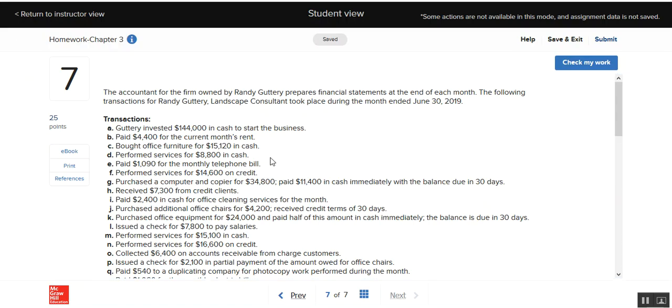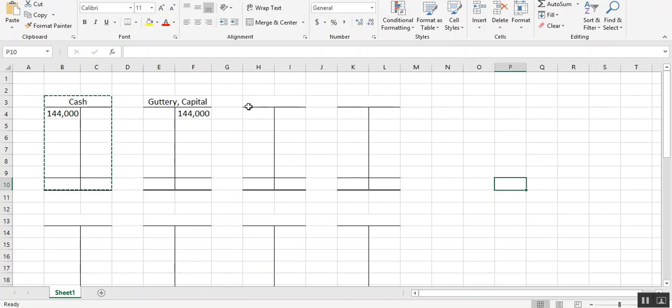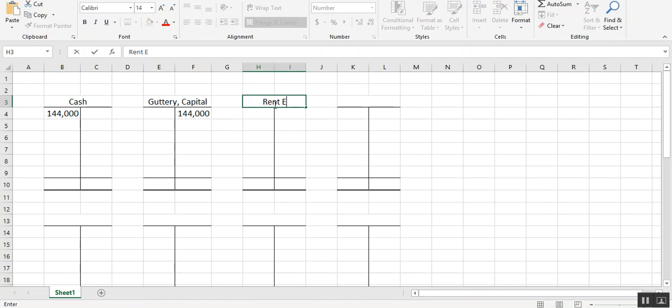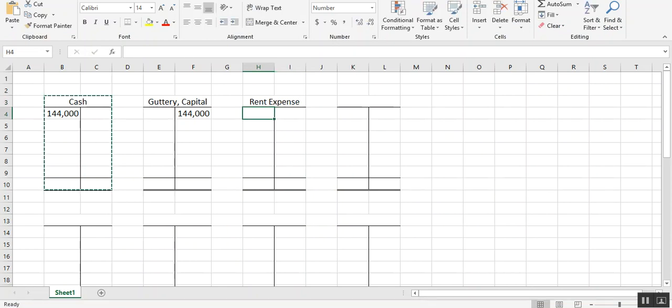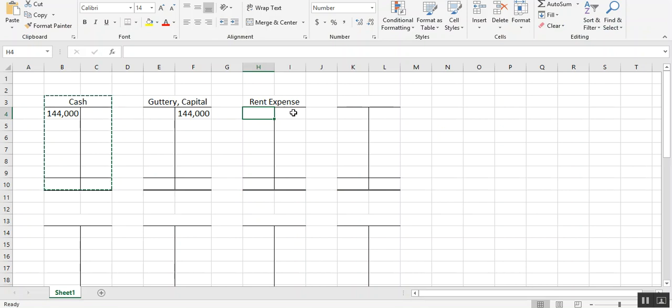Paid $4,400 for the current month's rent. I need to jump over here. So I've got a rent expense of $4,400. Rent expense is going to go up, which is a debit when an expense goes up, and cash is going to go down.